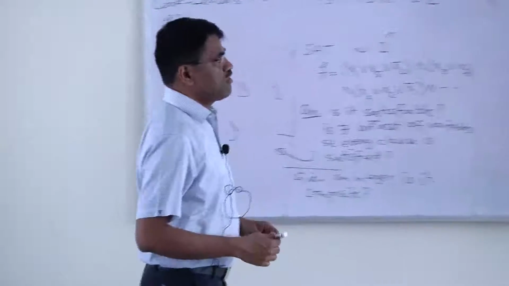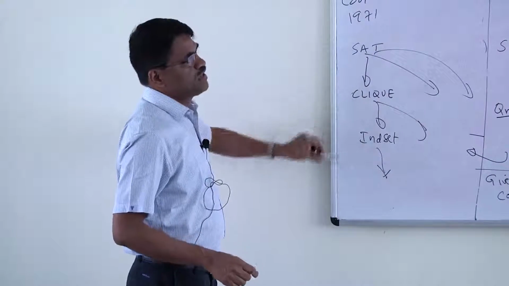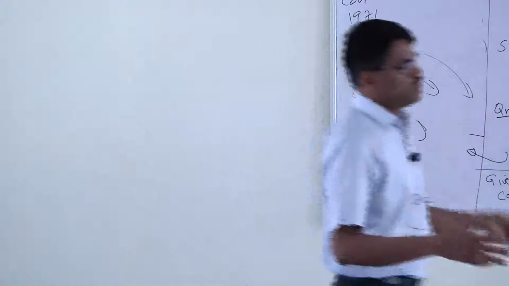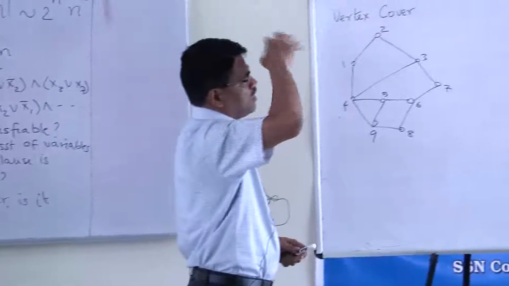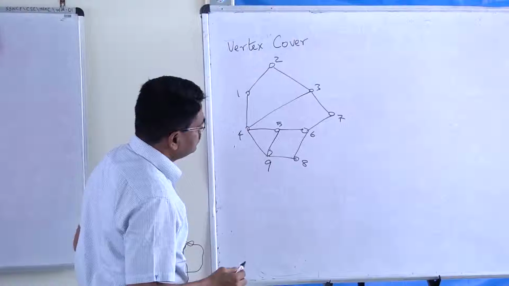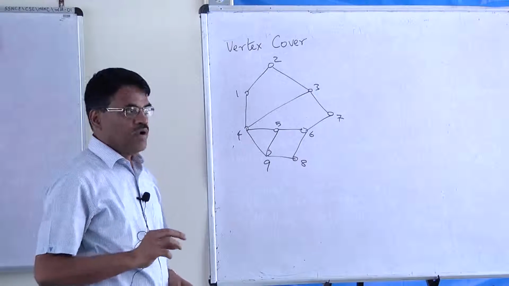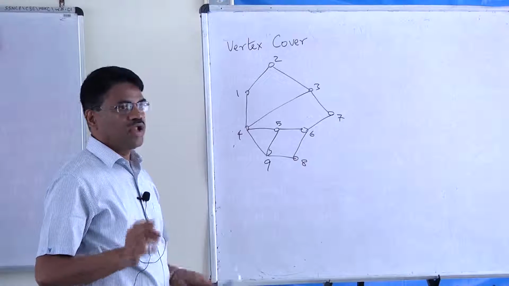So we saw some graph parameters like clique and independent set. Let's see one more before I move on to the next set of topics. This is a very important graph parameter again. It's called the vertex cover. It's a subset of vertices that cover all edges.